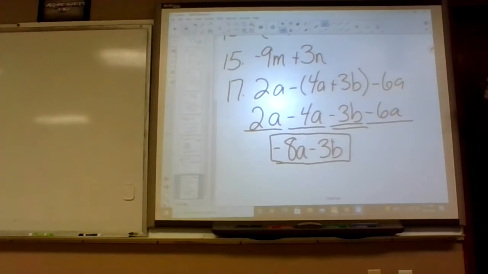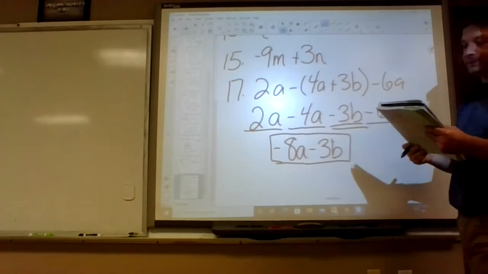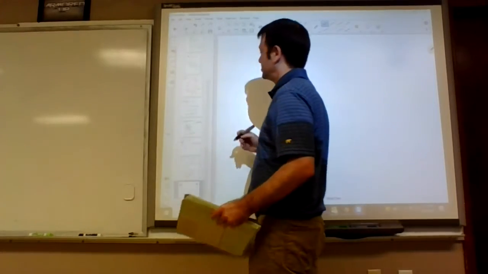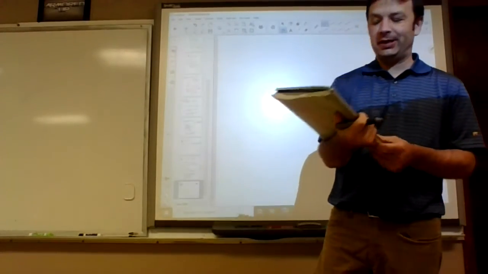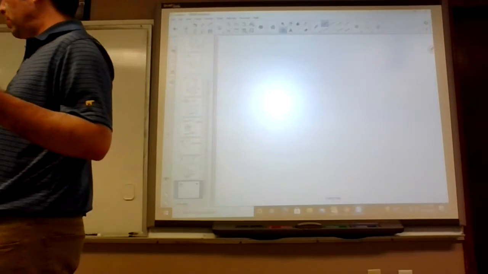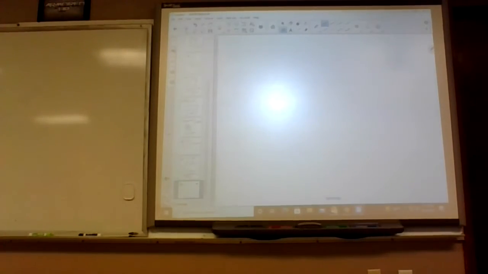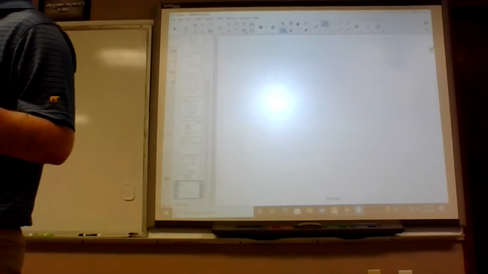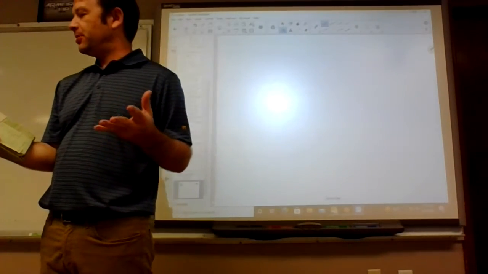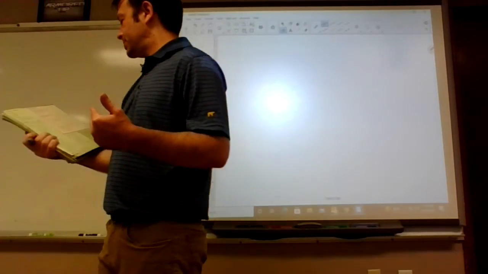Okay, number 19. Oh boy, 19's a mess. What should we do first on 19? The parentheses. Well, brackets. Inside the brackets, can we do anything with those parentheses? No. So we need to subtract the parentheses.